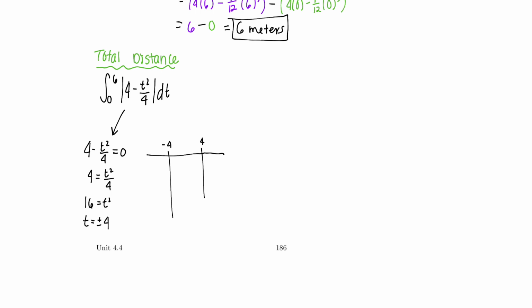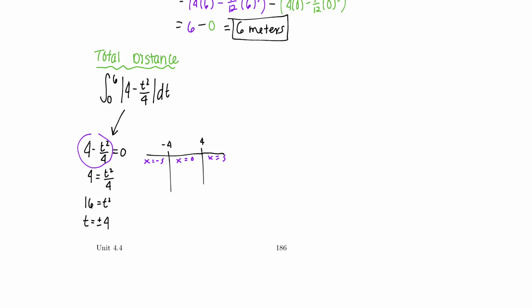If you're doing it this way, when you're setting up your sign chart, you're plugging back into this guy here. So I'm going to use x equals -5, x equals 0, and x equals 5. Really, you just have to do a little bit of math here. 4 minus -5 squared is 25, so 4 minus 25 over 4. 25 over 4 is 6.25. This is going to end up being negative.